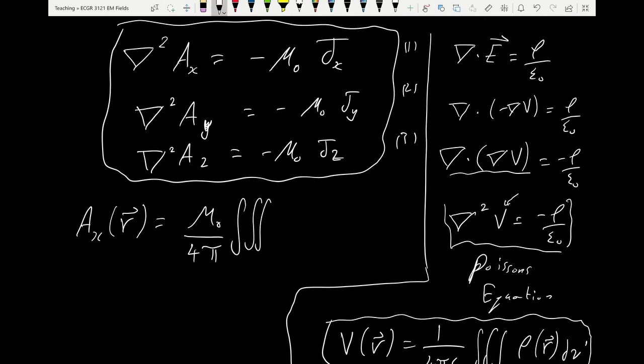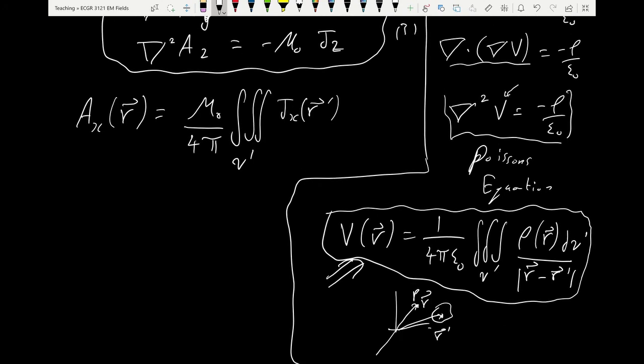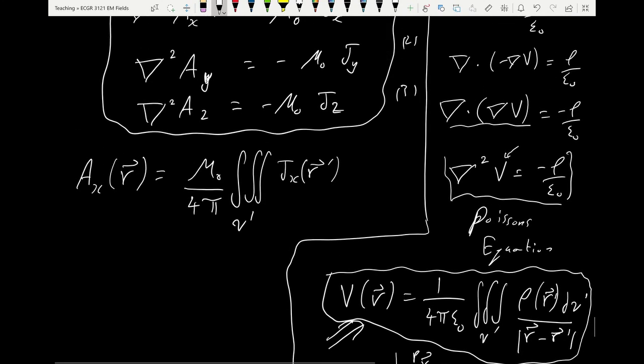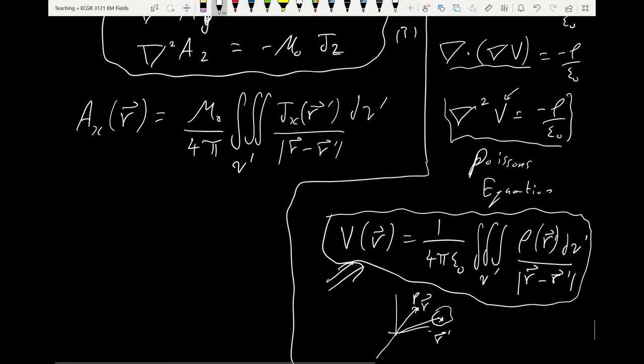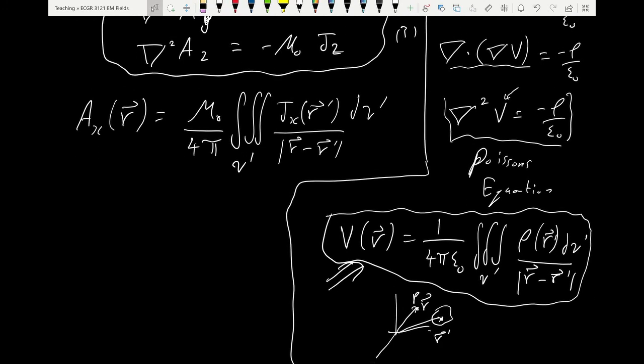I have to integrate over v prime, jx of r prime over the source. My mistake here is that I didn't put r prime. This should be r prime. dv prime over the magnitude of r minus r prime. And then this is now ay of r, which is equal to mu naught over 4 pi.